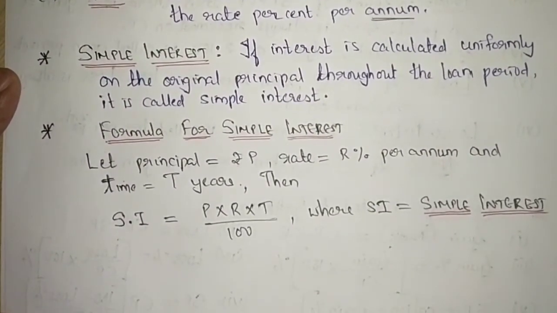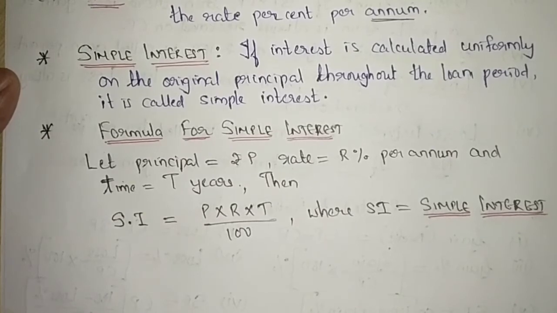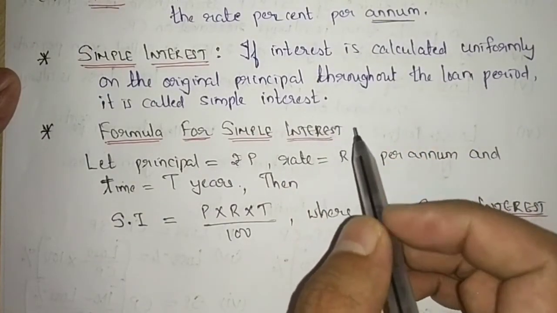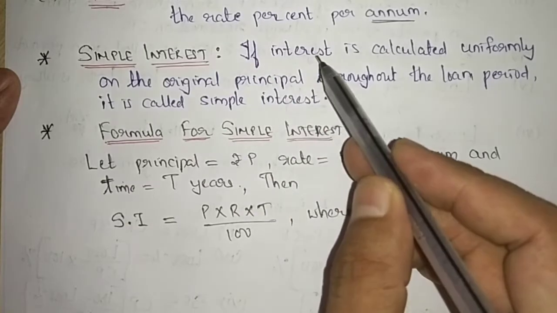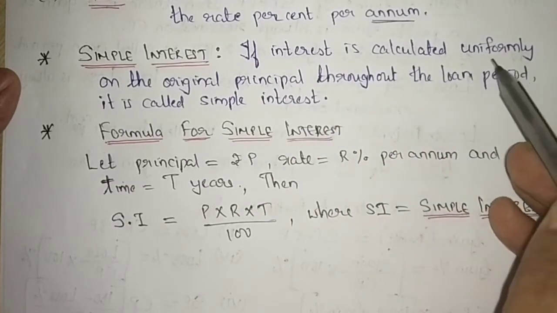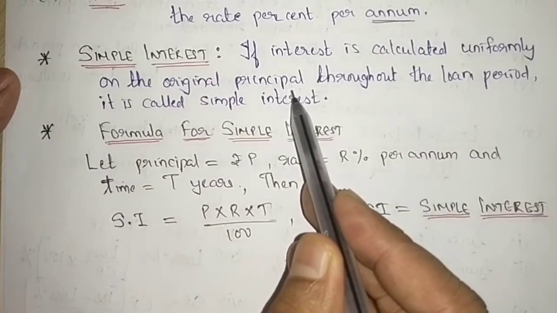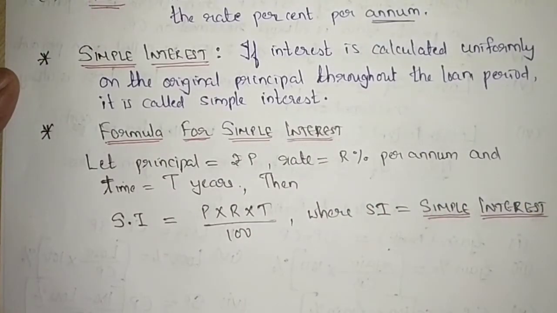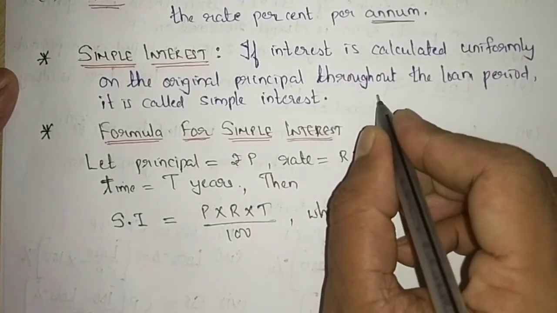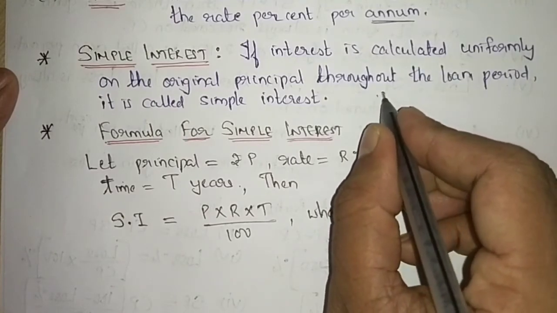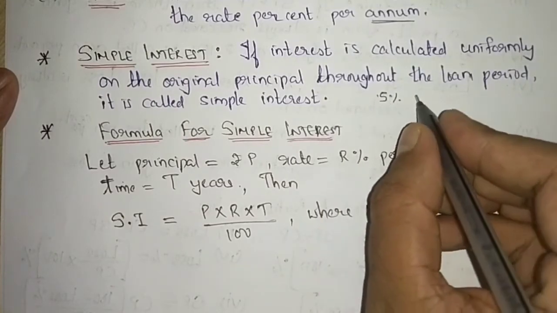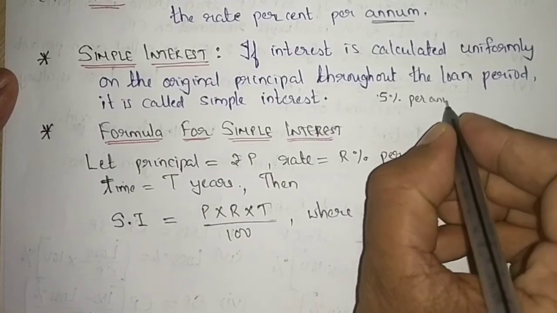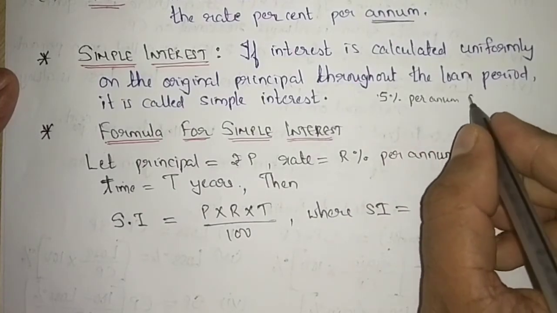Now coming to simple interest. This is the definition: if interest is calculated uniformly on the original principal throughout the loan period, it is called simple interest. Let me explain. Suppose we have discussed with the bank that I will pay 5% per annum on 10 lakhs.